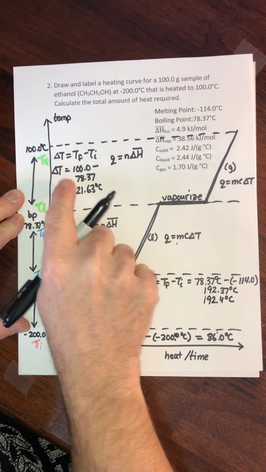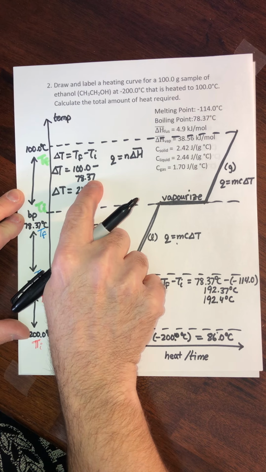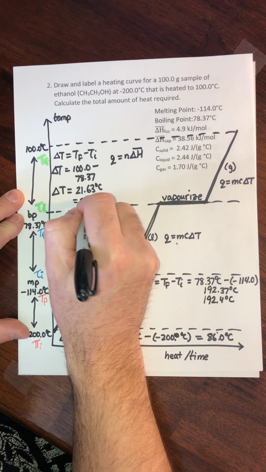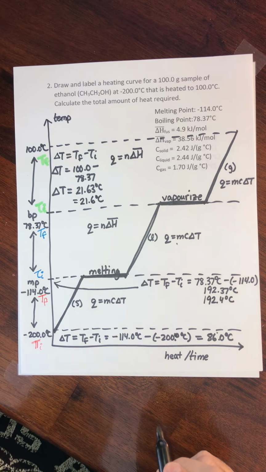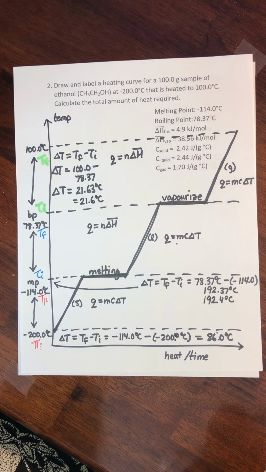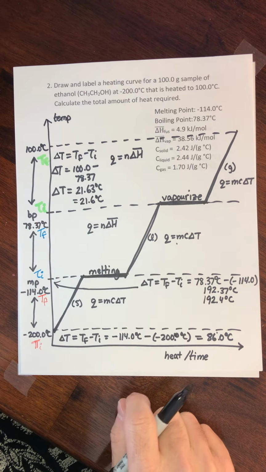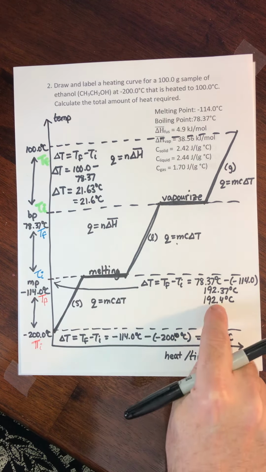And the same thing here. 100.0 has 1 decimal place, 78.37 has 2 decimal places, so my answer really should only have 21.6. Now, if significant figures are not required of you, then I would probably leave it as 21.63 and not round it off.